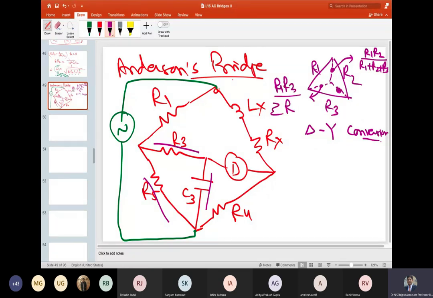And similarly, this one will become R2 R3 by sigma R, right? Sigma R is R1 plus R2 plus R3, right? The bridges are typically mathematical problem solving, so eventually you have to handle the equations.